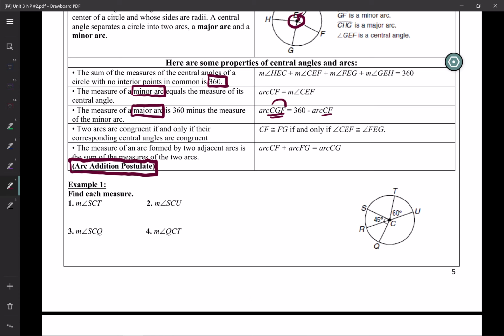Over here in example number 1, we find the measurement of these angles. Example number 1 is all about the rule that the sum of central angles equals 360.